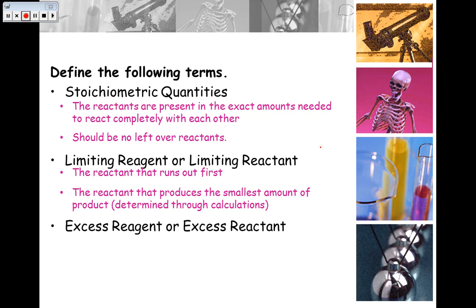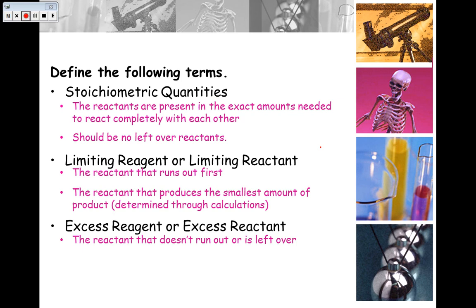Now, if the limiting reagent is the reactant that runs out first, then the excess reactant is the one that does not run out first, and there is leftover. Reactant that does not run out or is left over. Okay.